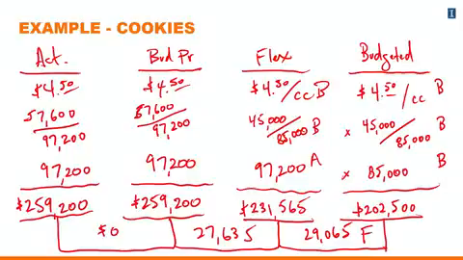Now moving to the comparison between the second and the third column, the mix variance, we can see that what we had thought was going to be the proportion of chocolate chip cookies out of our total was different than what actually occurred. So there is a variance there. The flexible column represents the pseudo-budget world because it has two pieces of budgeted information and only one actual. The budgeted price column has one piece of budgeted information and two actual.